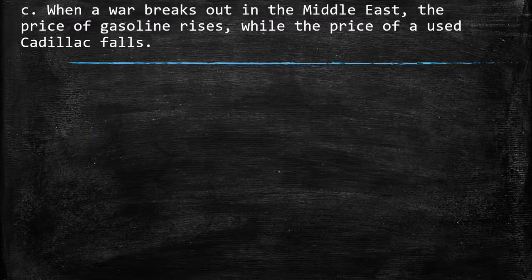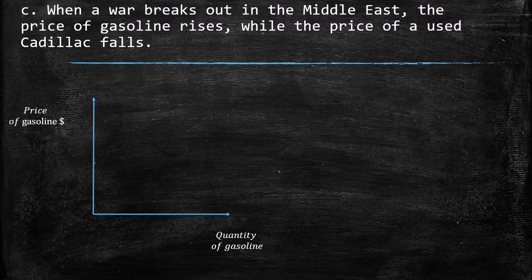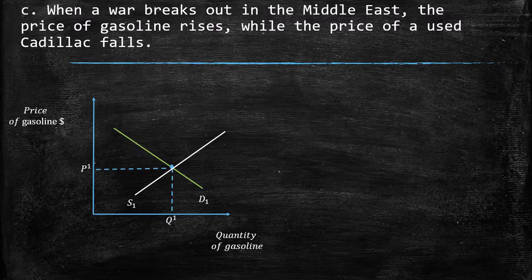The next point: when a war breaks out in the Middle East, the price of gasoline rises while the price of a used Cadillac falls. So why? First, I'm in the gasoline market. So here is the initial equilibrium, Q1 price 1.